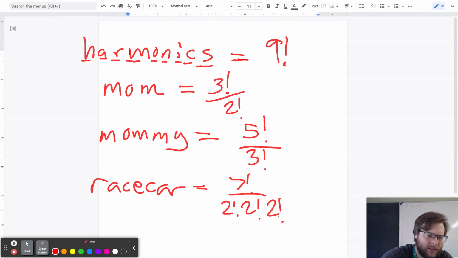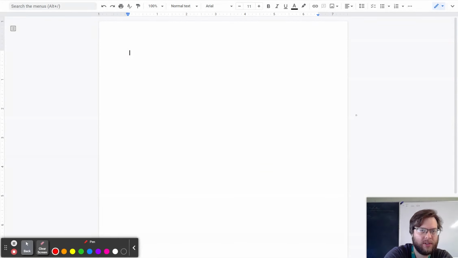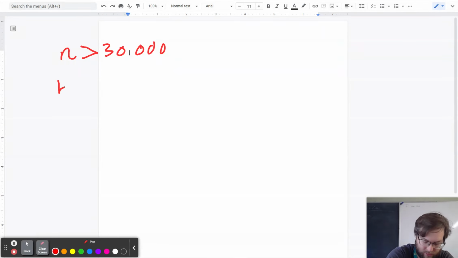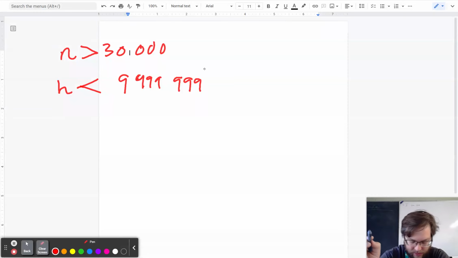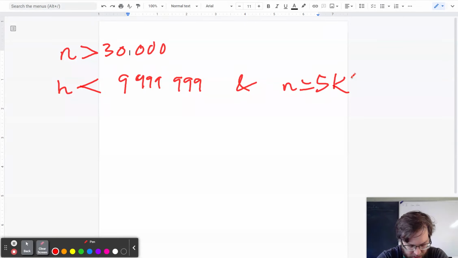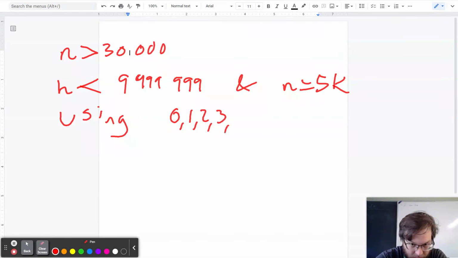The second part asks about this. Okay, so the numbers that are bigger than 30,000, but also less than 9,999,999, so less than that, and divisible by 5, and only using the digits 0, 1, 2, 3, 5, 8, and 9.